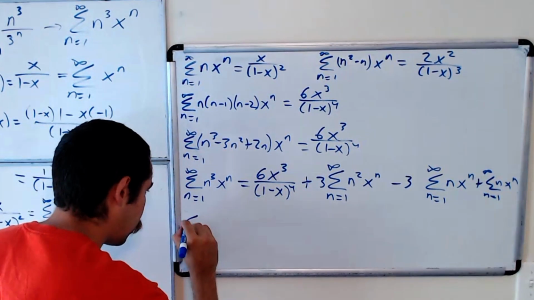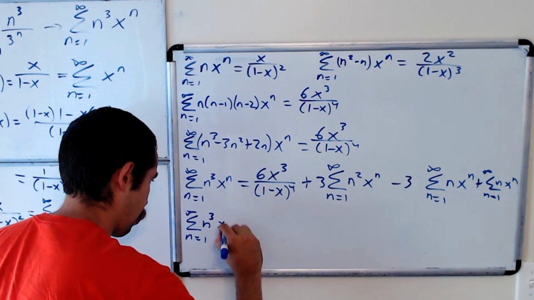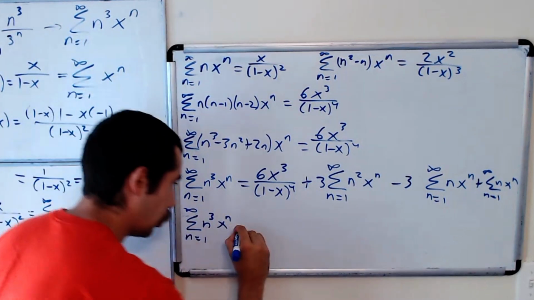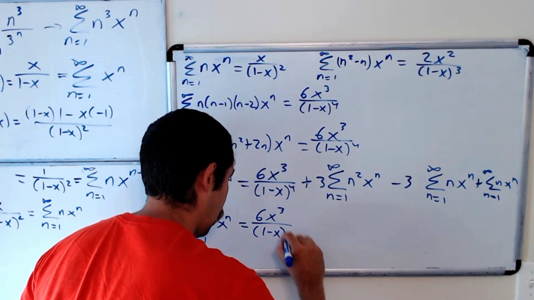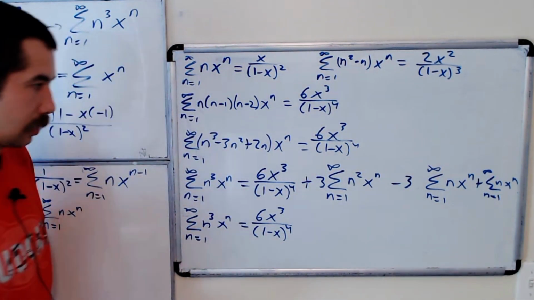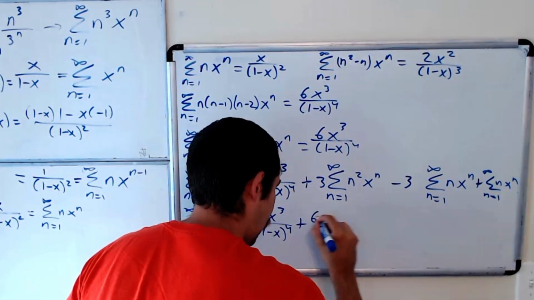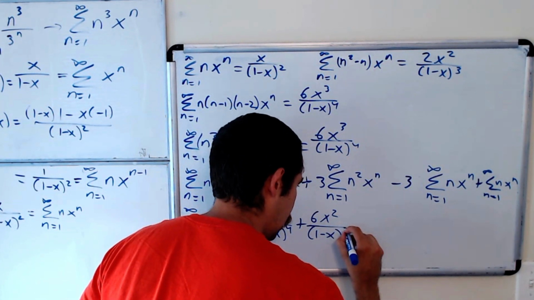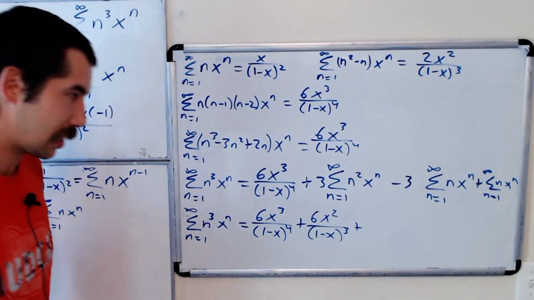So our sum is equal to 6x to the third over 1 minus x to the fourth, plus 3 times this. So plus 6x squared over 1 minus x to the third, and then plus x over 1 minus x squared.